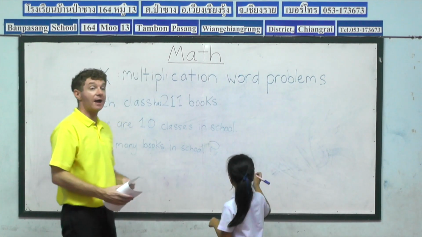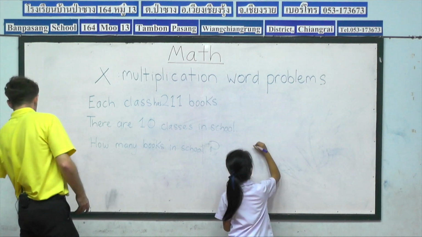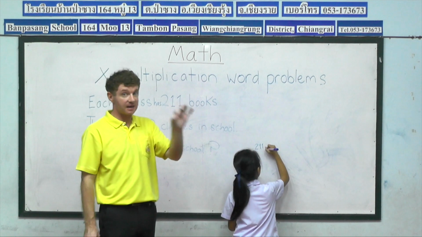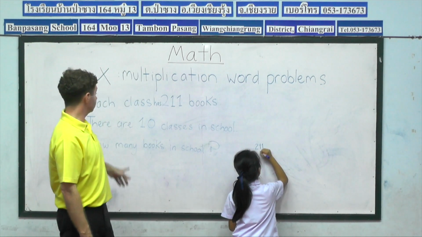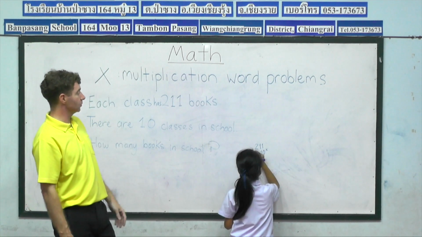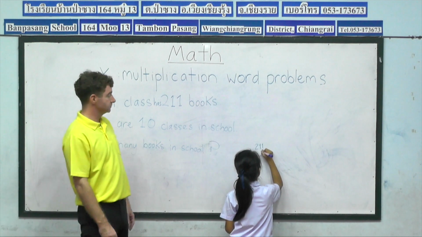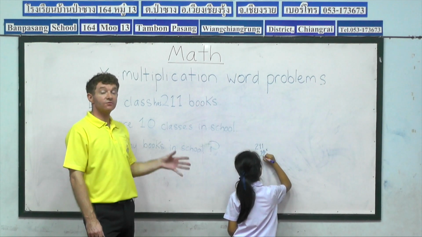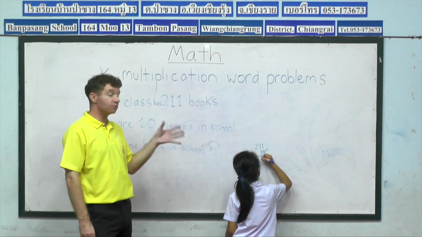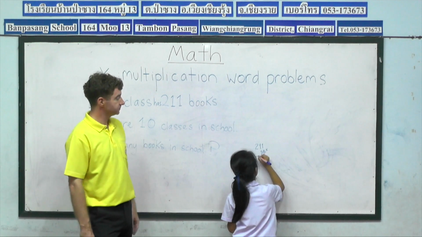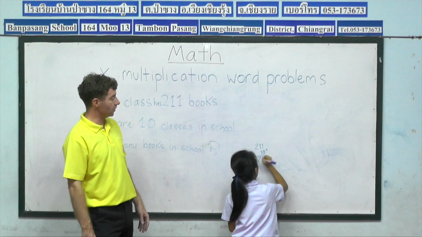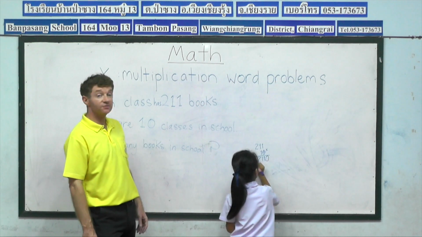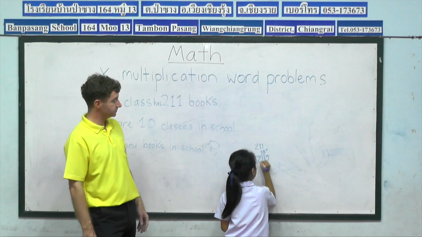First thing to do, identify the numbers. So we have 211 books in each class, but there are 10 classes in school. So the first thing we can do, because the zero is at ones, we can go straight to the tens. And what we do, we remove the 0 and we simply add the 0 back at the end.